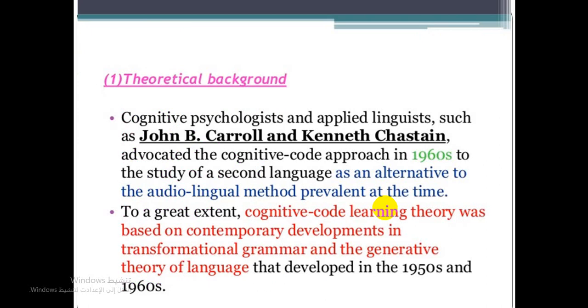Cognitive theoretical background. Cognitive code learning refers to a theory of second language teaching and learning developed in the 1960s. Cognitive psychologists and applied linguists such as Carroll and Kenneth Sheston advocated the cognitive code approach in the 1960s to the study of a second language as an alternative to the audiolingual method prevalent at that time.